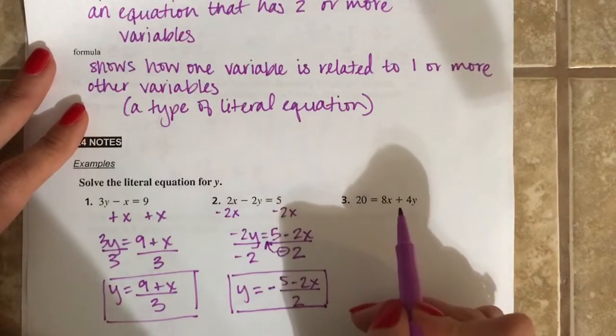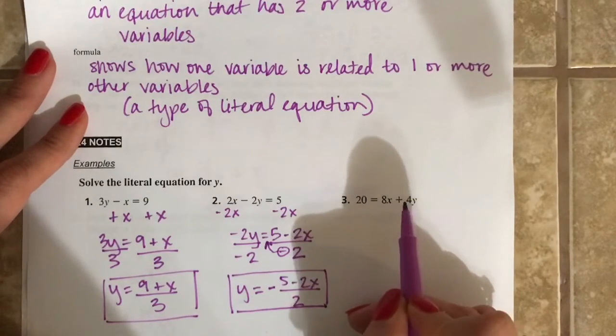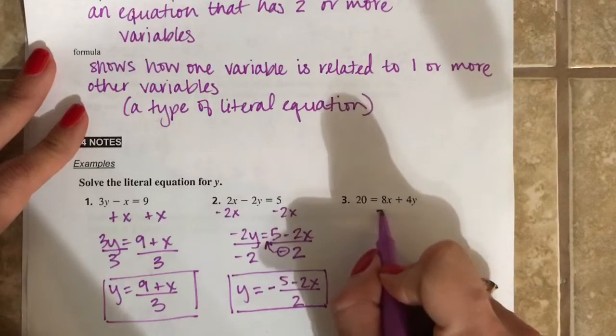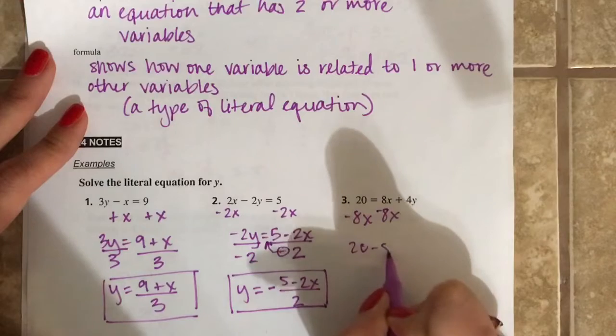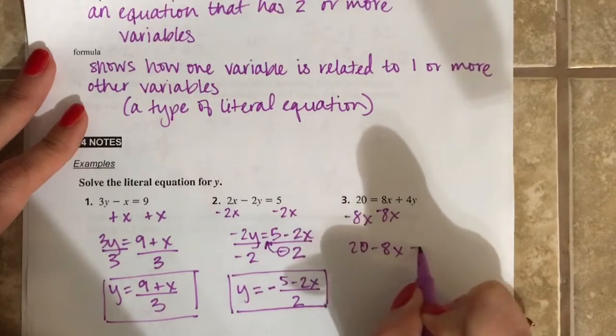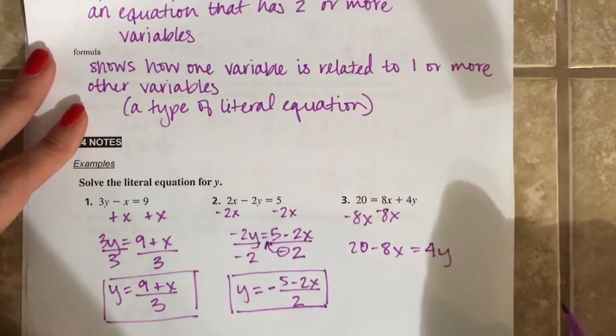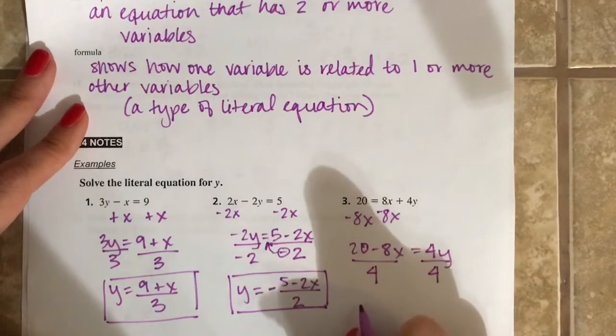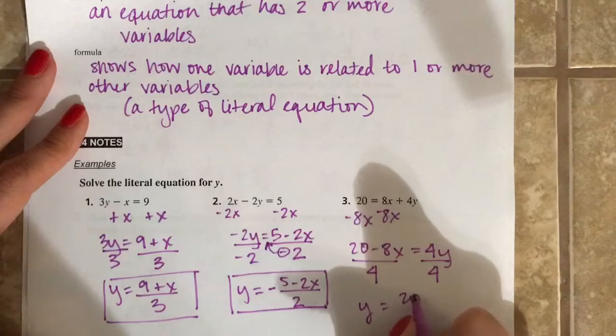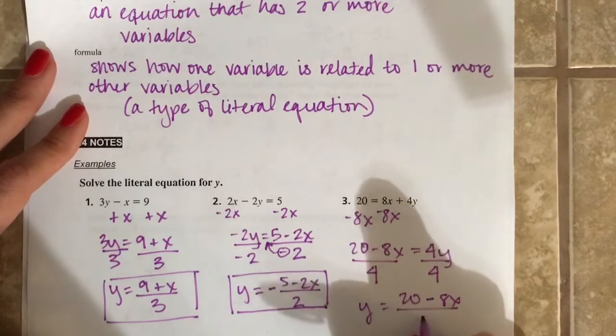Number 3, solving for y. So I need to subtract 8x from both sides. So 20 minus 8x equals 4y. And then divide by 4. So y equals 20 minus 8x over 4.